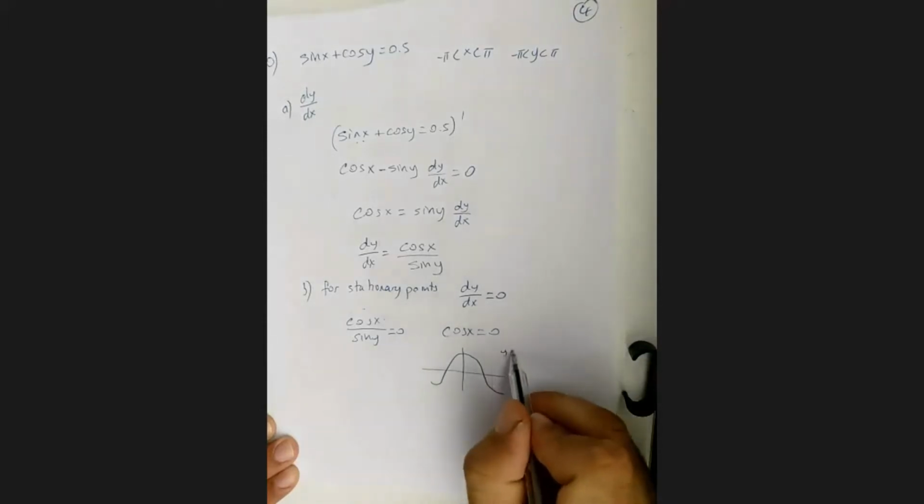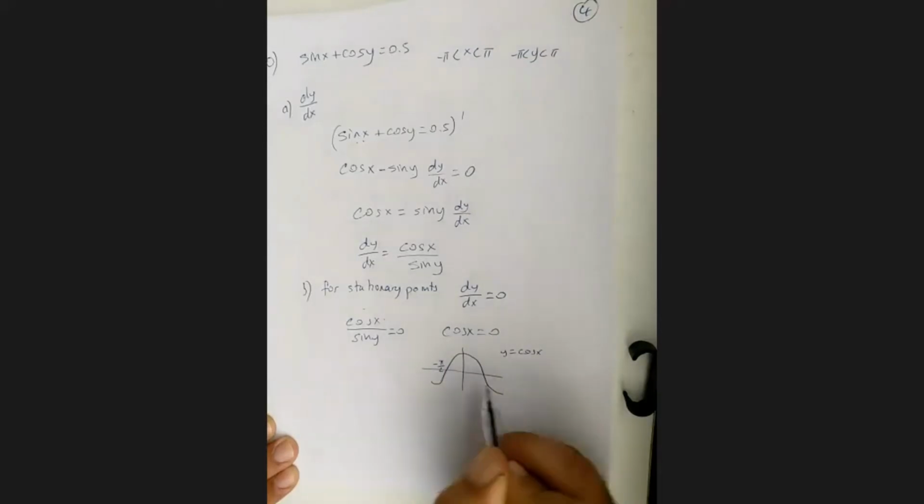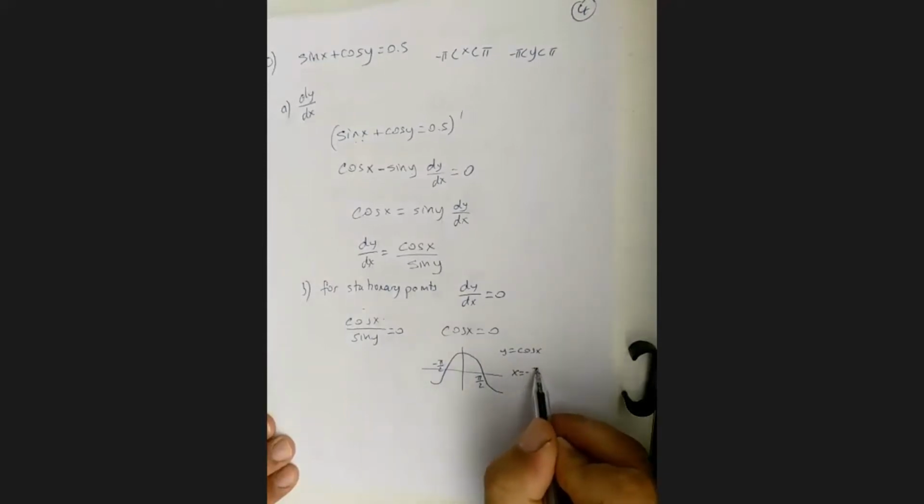This is the graph of cosine x. We have to remember that. This is pi over 2, and that point there is pi over 2. So x is negative pi over 2 and x is pi over 2.